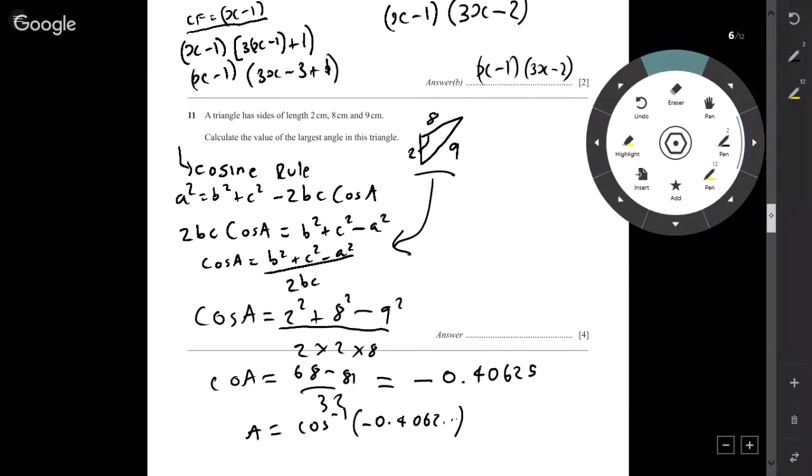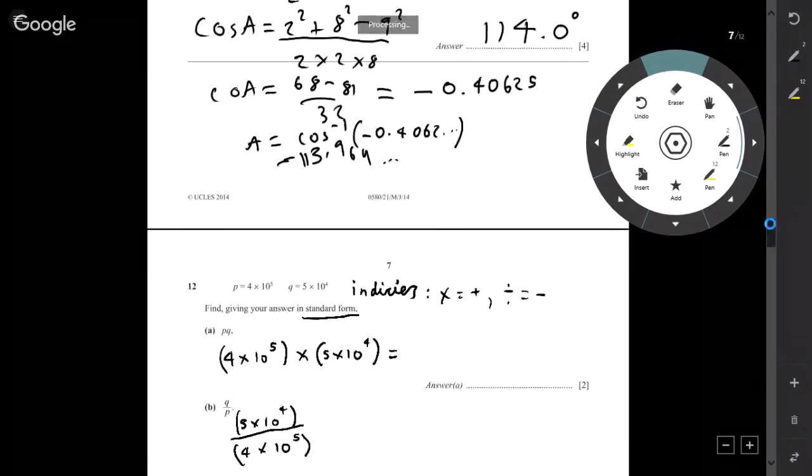Put that into your calculator, and you get the answer is 113.969. It's a long number, which rounds up to 114.0 degrees.